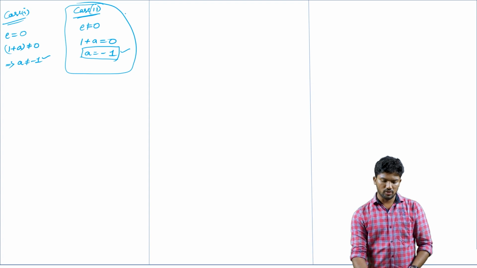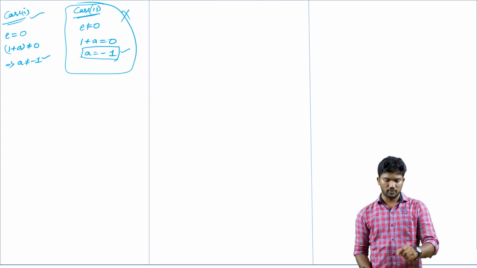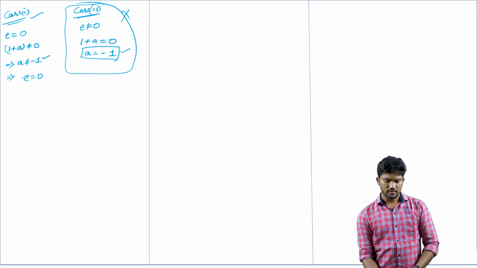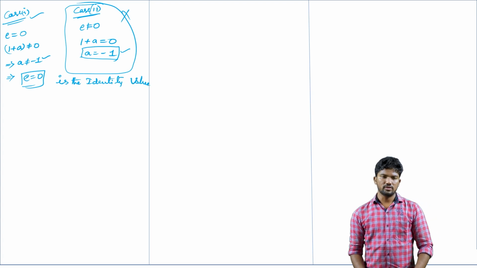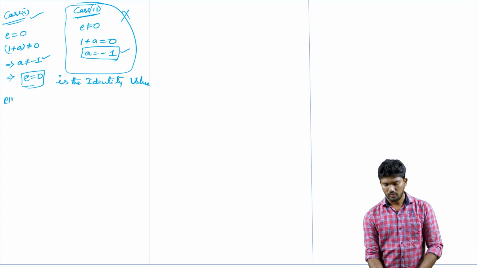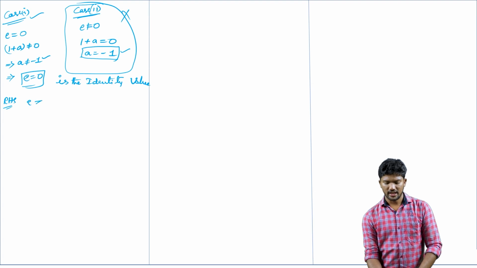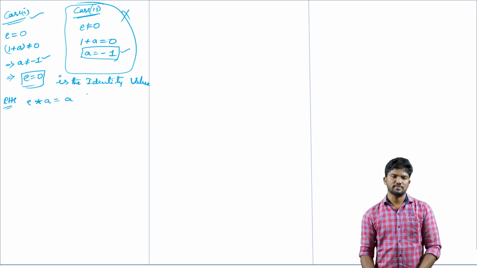We can consider only case 1. So therefore E is equal to 0 is the identity value. So now take the RHS. What is the RHS? E star A is equal to small a.